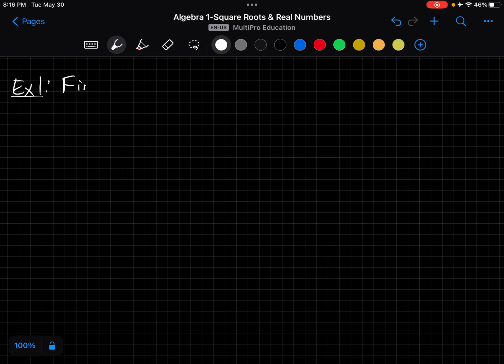Alright, so we want to find the square root, okay? So we have minus the square root symbol of 9 over 49, okay? So we're going to carry this negative sign, and let's break this into two parts.